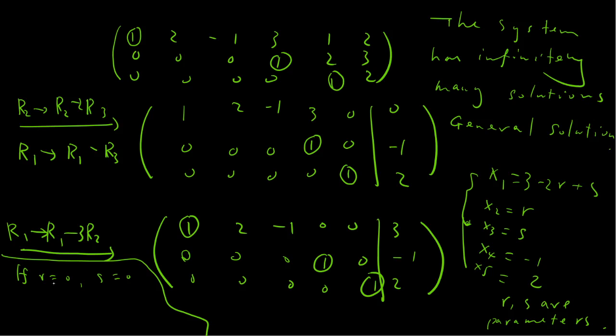Yeah, I like that. 3, 0, 0, 91, 2. Okay, that's one particular solution.